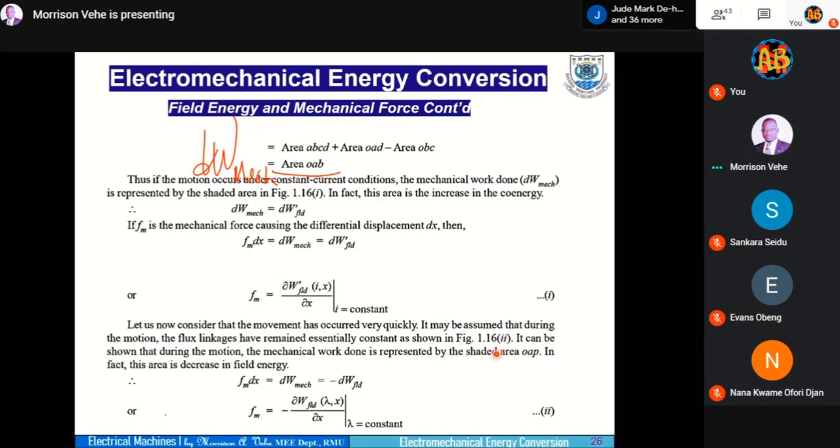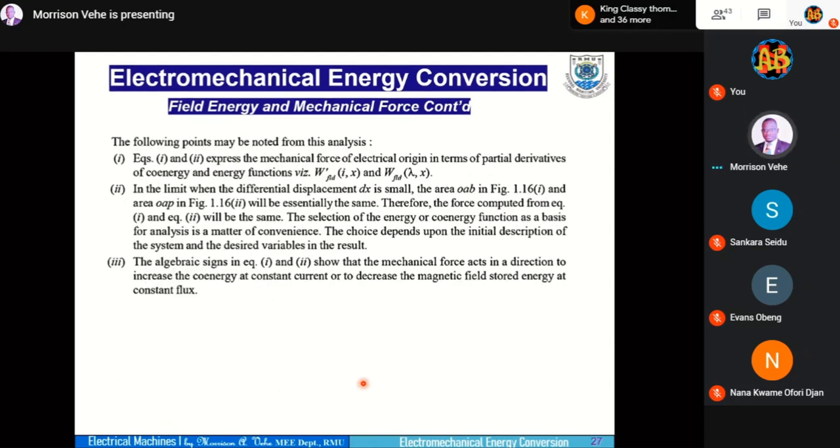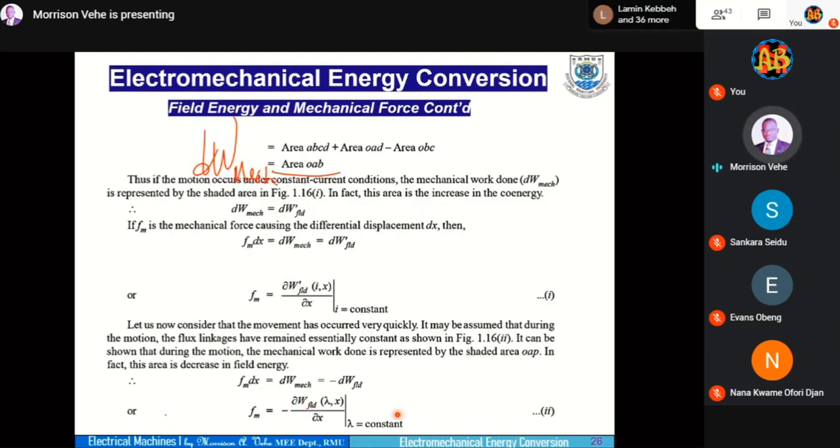If we have a situation where our system moves quickly, mechanical work done can be represented by area OAP.